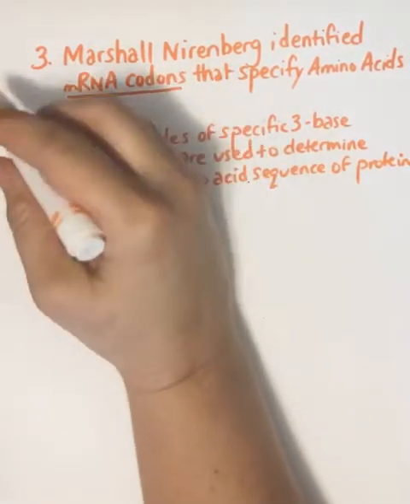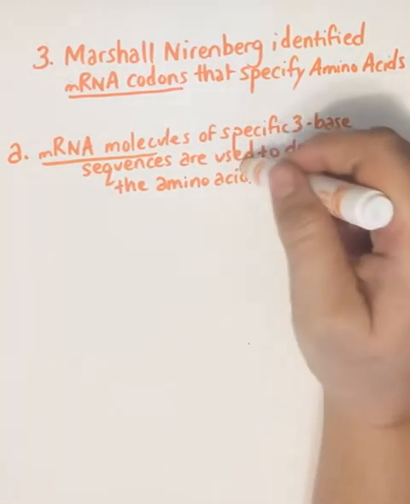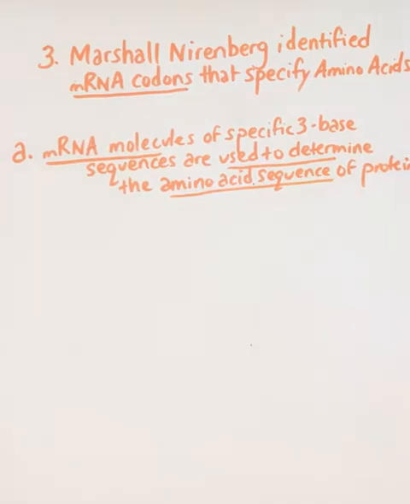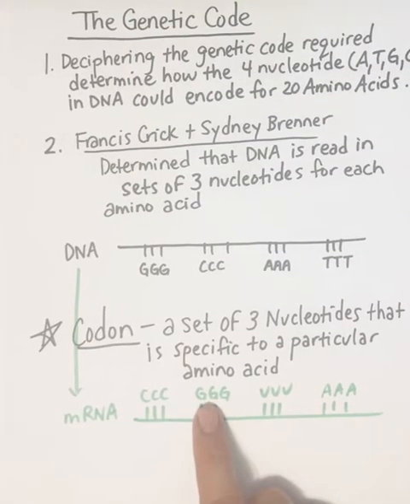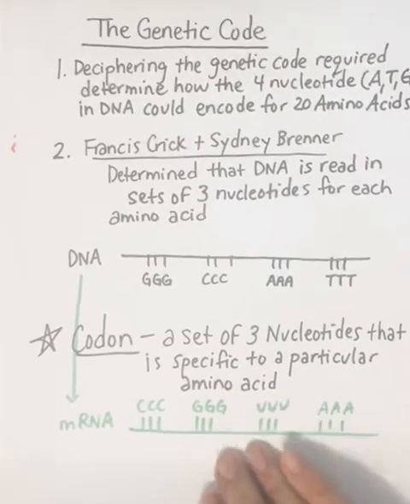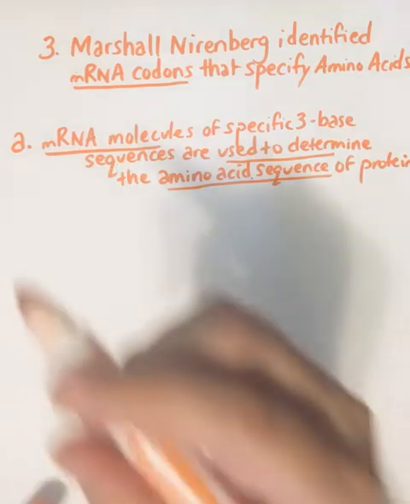That is key. mRNA molecules are used to determine amino acid sequences when we use them in 3s. CCC is going to encode for an amino acid. GGG, UUU, AAA. mRNA is used to determine your amino acid sequence.